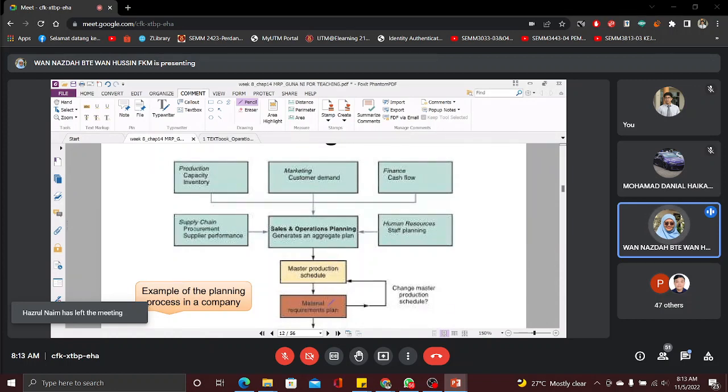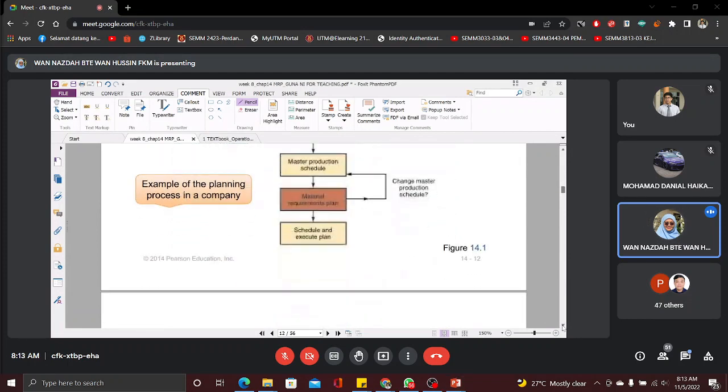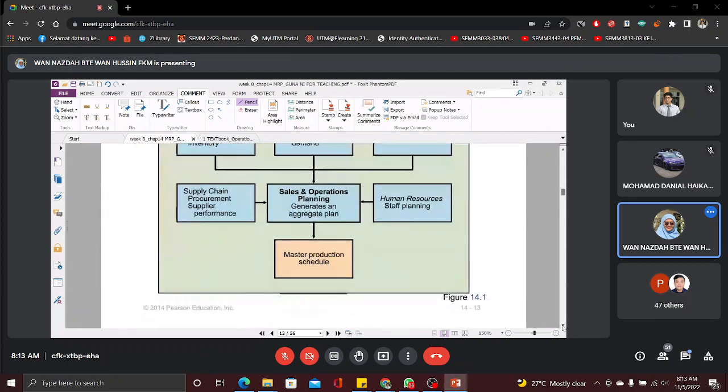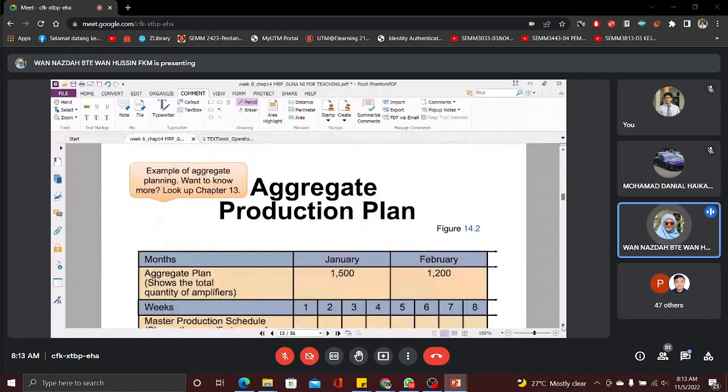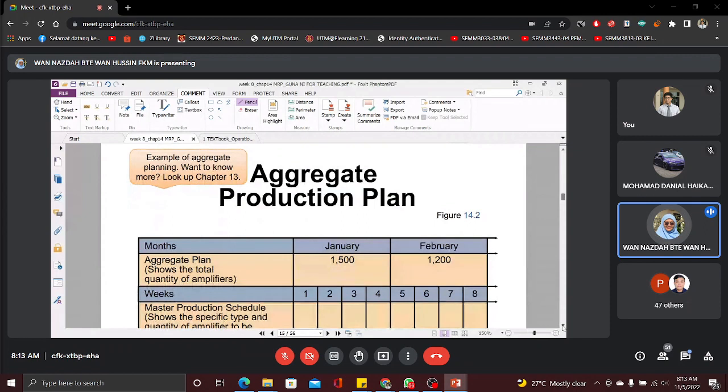Next is the material requirements plan. Okay, let's see the difference between the master production schedule and the aggregate plan. For the aggregate plan, the example given here is for 2 months, which is January and February.